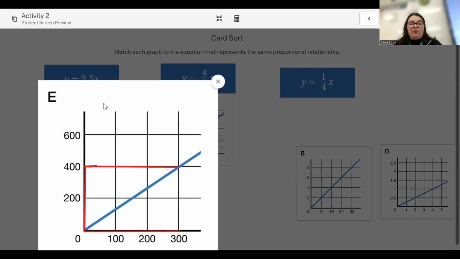So I am doing 400 over 300. And if I simplify that, I cross out my zeros, divide 400 and 300 by 100, and that gives me a slope of 4 over 3. So the slope for this one is 4/3.